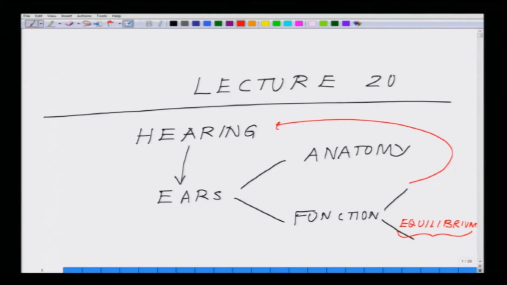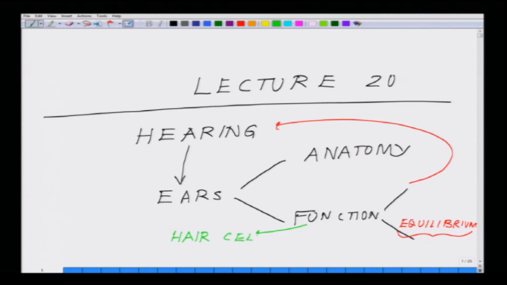We will be talking about that very briefly, and then within this functional system, we will be talking about specific cell types called hair cells.